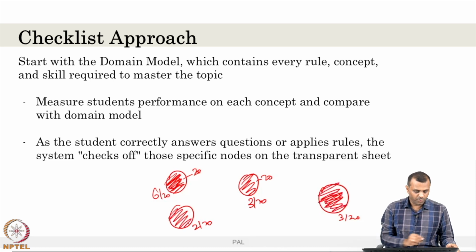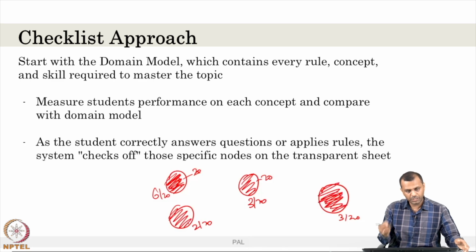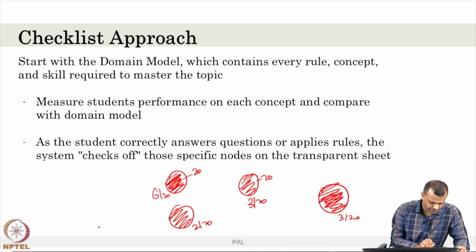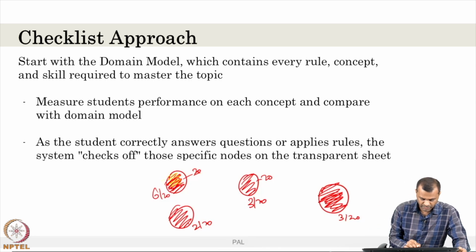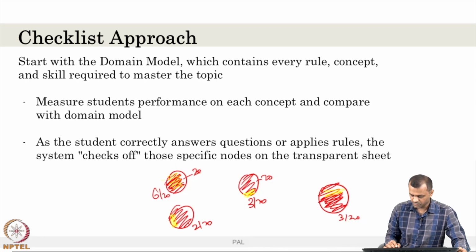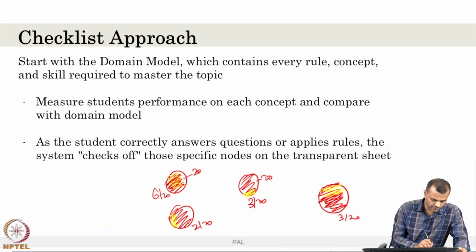Now I want to project student 1 on this. Student 1 is like another sheet. Student 1's performance is like this: he is able to do only a few questions. Now I will go for another student.